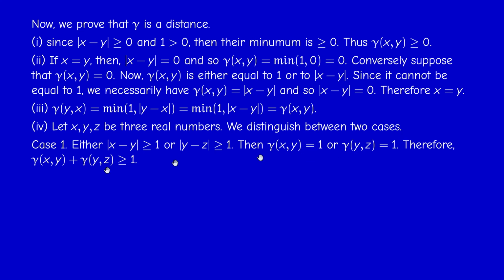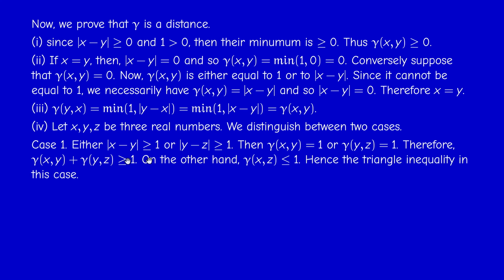So 1 plus something non-negative is at least 1, and vice versa. So if one of these 2 is 1, then the sum is bigger or equal than 1, because both are non-negative. But as we observed, gamma of xz is at most 1. Therefore, we are done. So gamma of xz is less than or equal to 1, which is less than or equal to the sum. So gamma xz is less than the sum of these 2.